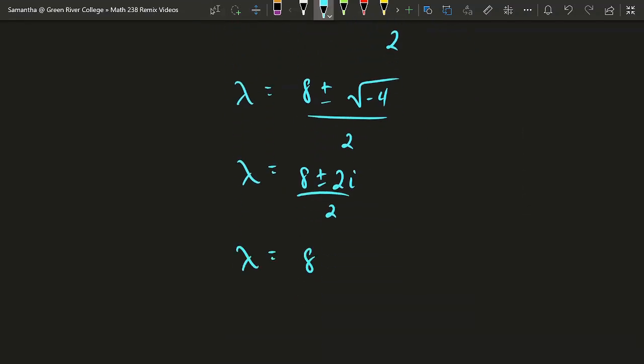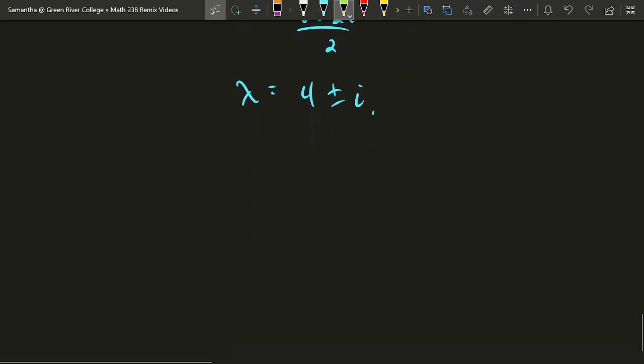So 4 plus or minus i. So my eigenvalues, of course, are conjugates of one another. So I'm going to focus only on one of those eigenvalues because the other one is sort of redundant. It can be gotten from the first one for free.